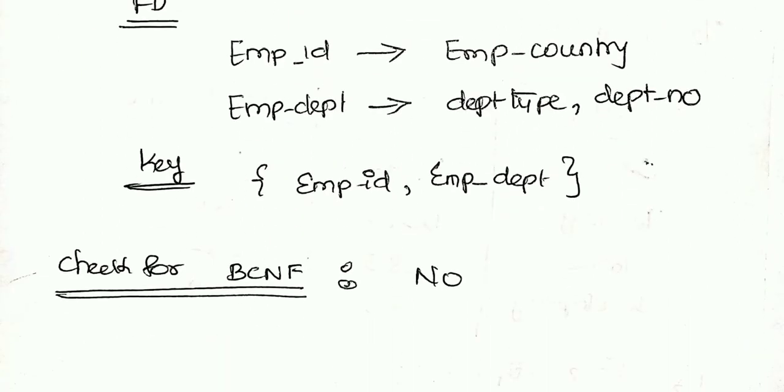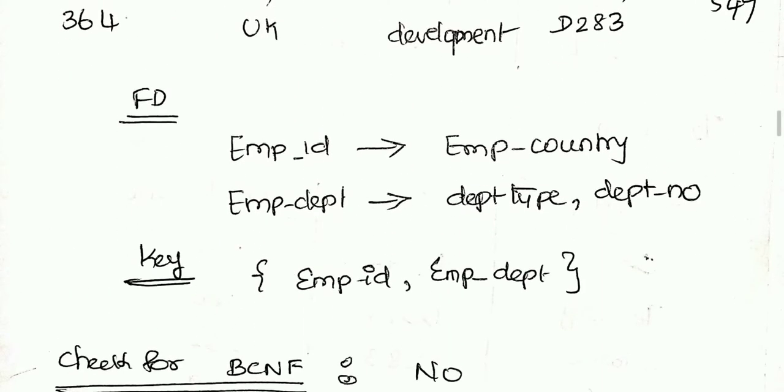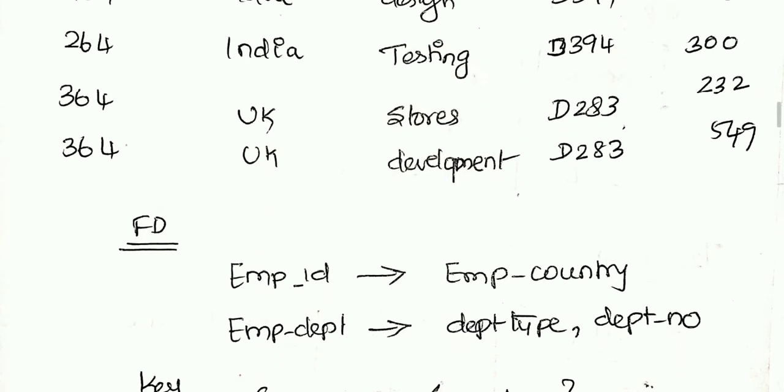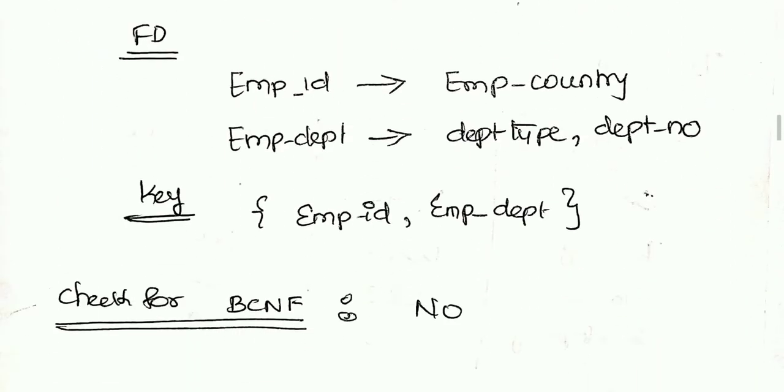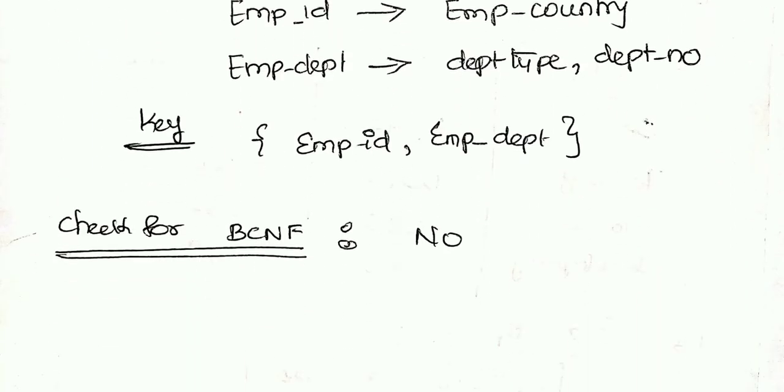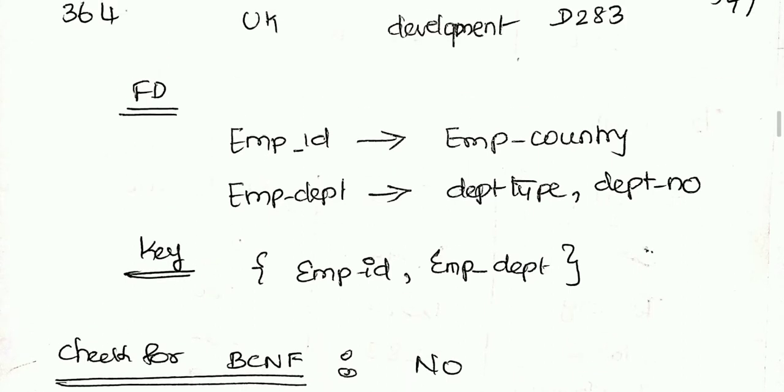We are now going to check whether this satisfies BCNF. The key for the schema is a candidate key, employee ID along with employee department. Now we need to check whether this satisfies BCNF. What is the rule for BCNF?